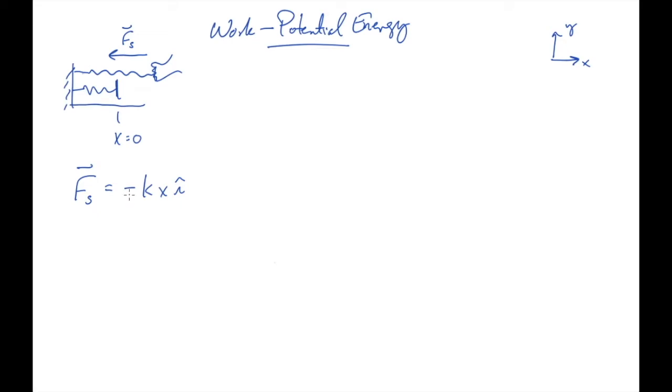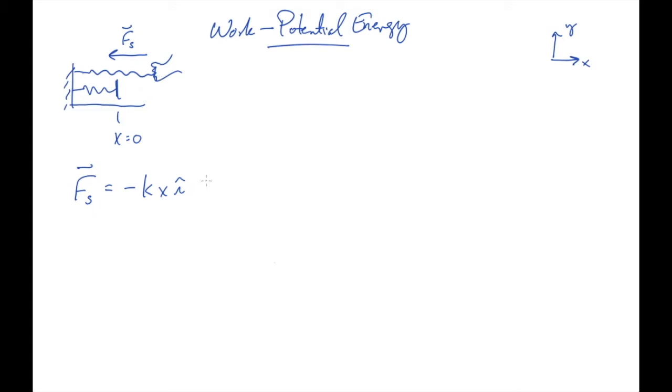Now, this minus sign is what tells me this is a restoring force. If I stretch the spring to positive x values, this minus sign makes the spring force go in the negative x direction. If, on the other hand, I compress the spring over here, where x is negative, this negative times this negative gives me a positive force, and that tells me the spring force will be directed this way, along positive x, so that no matter what I do to the spring, the force is always going to point back to the equilibrium position.